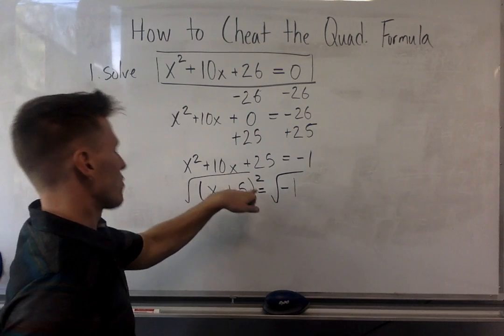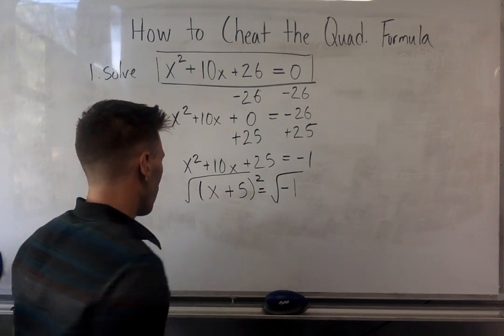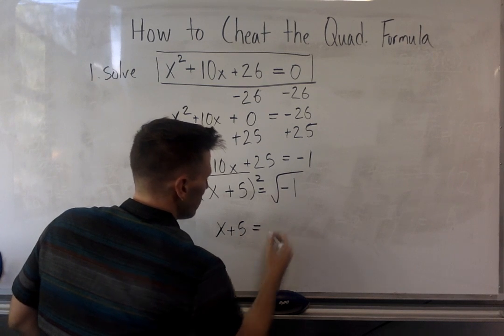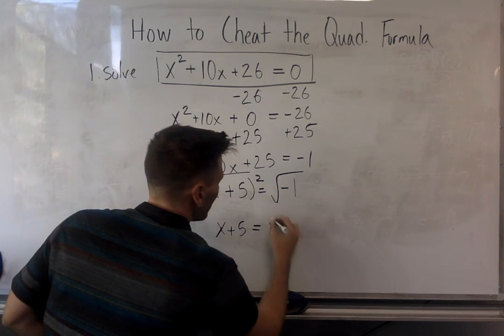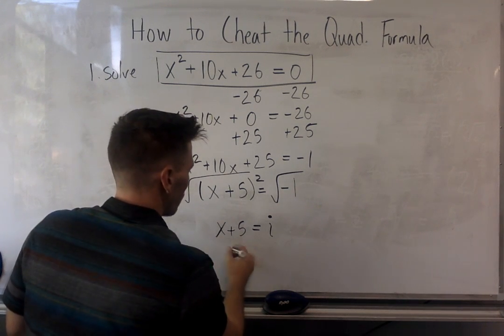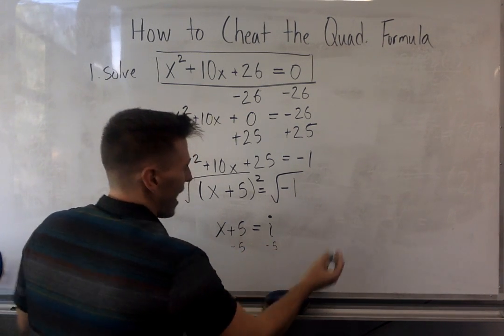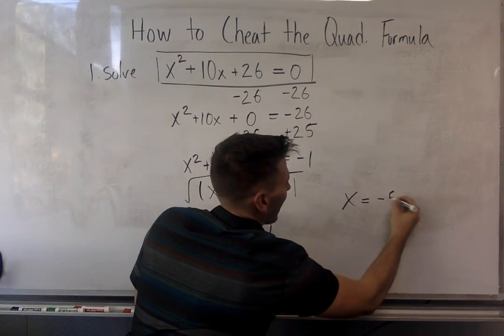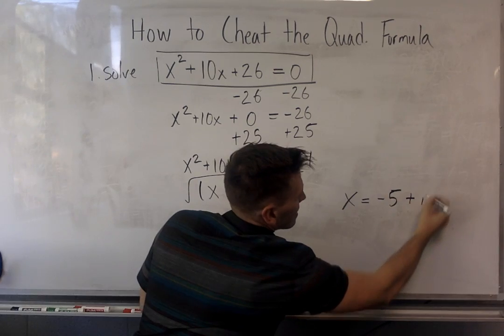The square root of x plus 5 squared is equal to the square root of negative 1, which means that x plus 5 is equal to the square root of negative 1, which we've decided is the letter i, which means that if I subtract 5 from both sides, I get that x is equal to negative 5 plus i.